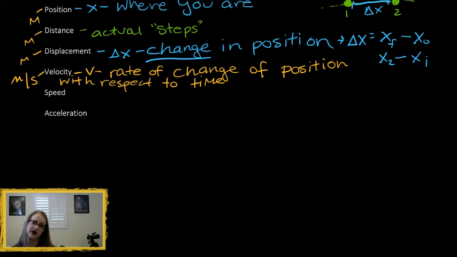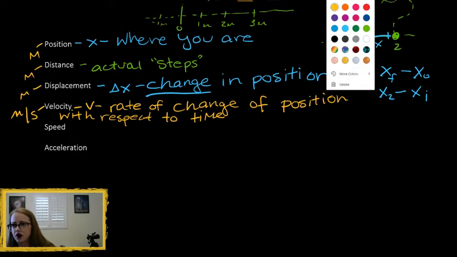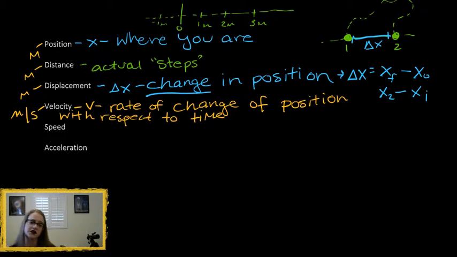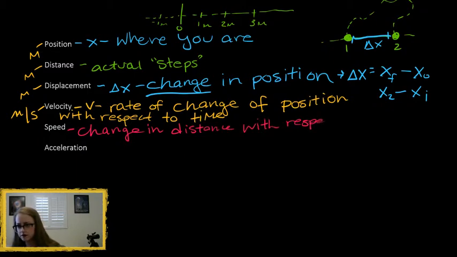A little different than speed. A lot of times we want to think about speed as just your velocity without direction, because we'll look at how it's important that velocity and displacement have direction. But think about speed as being just velocity. It doesn't matter what direction it's going in. Think about it as being your change in distance with respect to time.